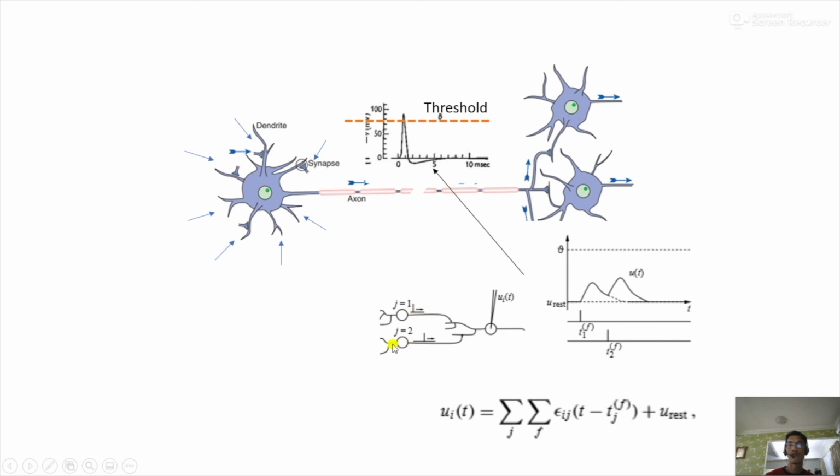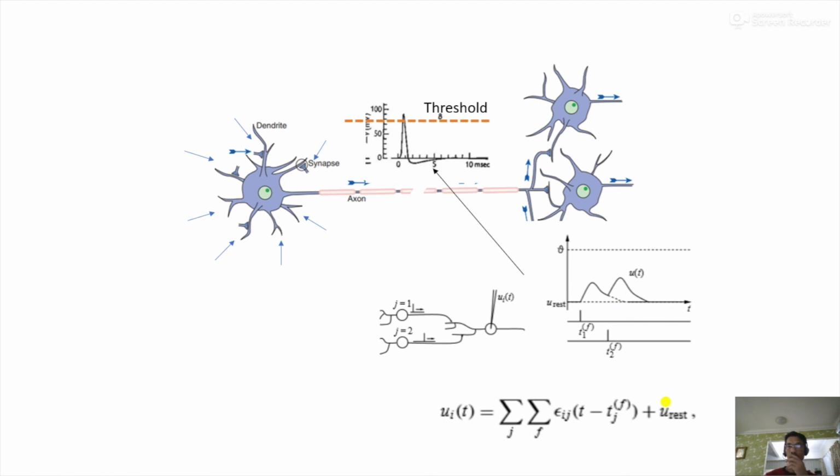The function of the synapse is that the synapse changes the strength of the signal. First you sum up, then you have a synapse here to change the function. At the end of the day, it becomes a spike. If this is 0, it means it is just at the threshold. If it is positive, then it is plus the resting potential, meaning it is a spike more than the threshold.